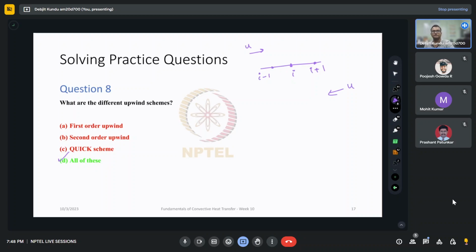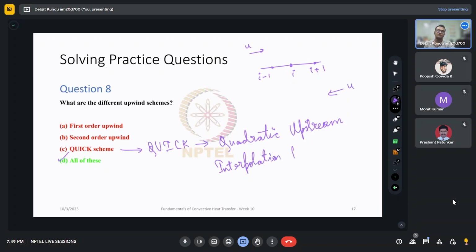And similarly, there is a second order upwind scheme as well, in which another point is included to make it second order accurate. And the quick scheme, QUICK, is actually an abbreviation of, let's see if I remember this correctly, quadratic upstream interpolation for convective kinetics.